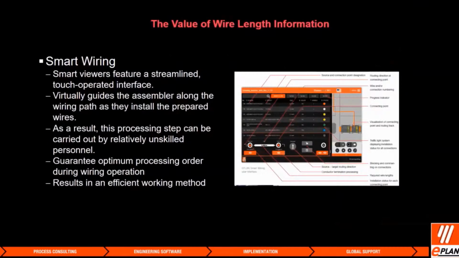And that matches up one-for-one with ePlan's solution for shop floor wiring, which is the smart wiring interface. This is a tablet or touchscreen based application which very clearly defines to the person doing the wiring how the panel needs to be wired correctly.